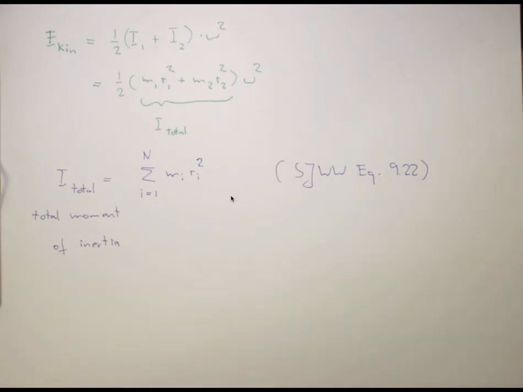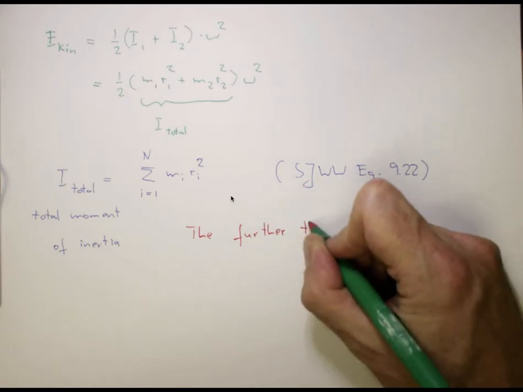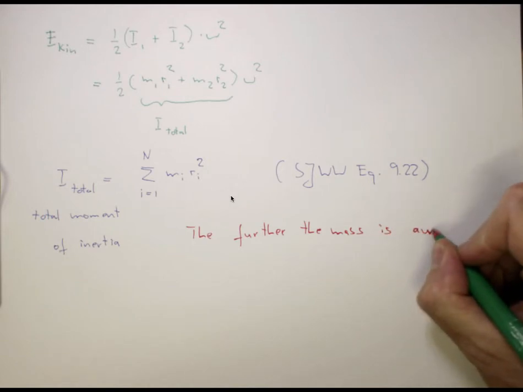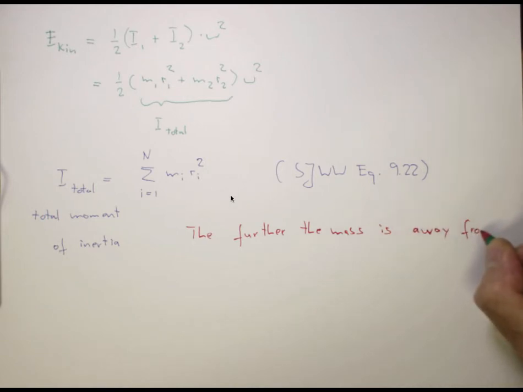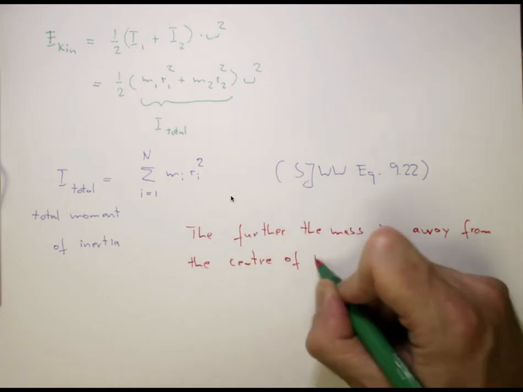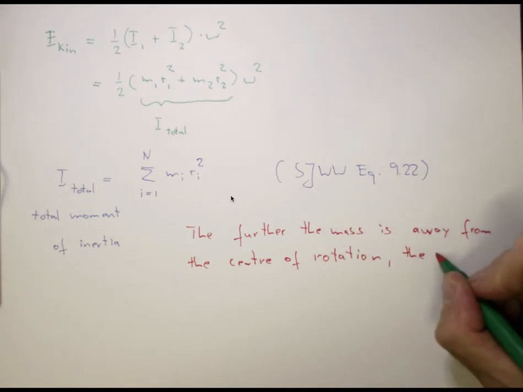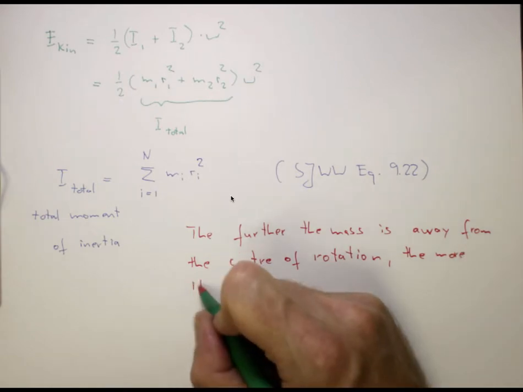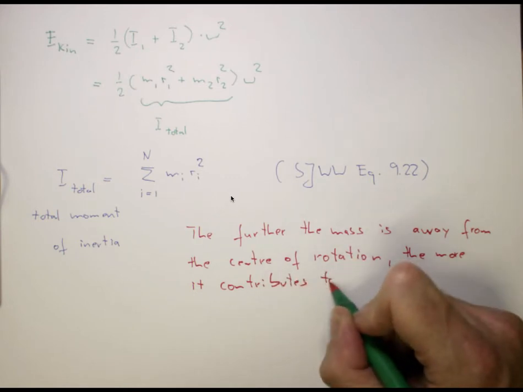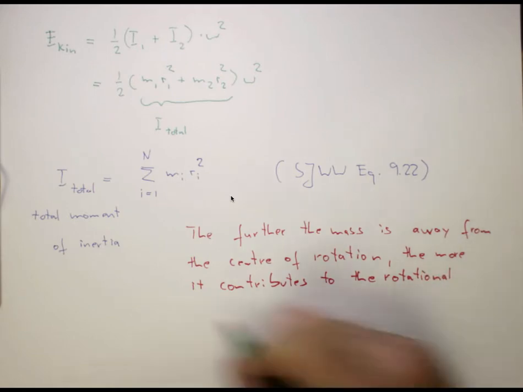So the further the mass is away from the center of rotation, the more it contributes to the rotational inertia.